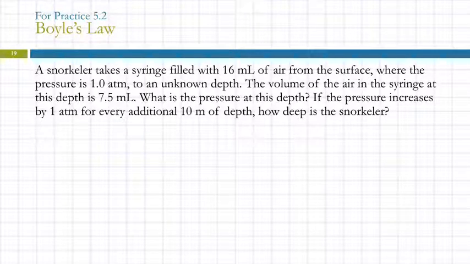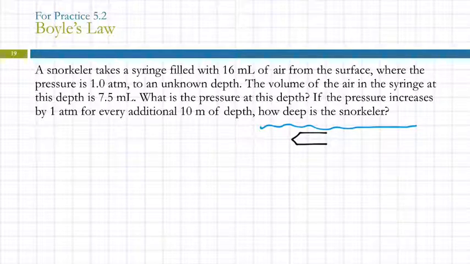So it can be helpful in a question like this to draw some pictures. So here we have the surface of the water, and we're starting out up here at the surface with a syringe, and it's got some air in it. And the volume of the air in there is 16 milliliters.